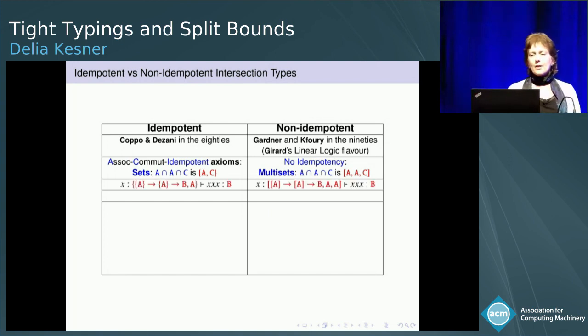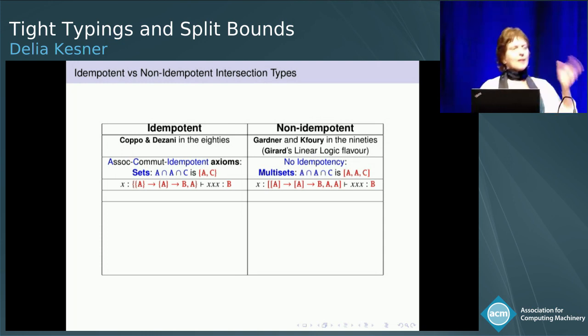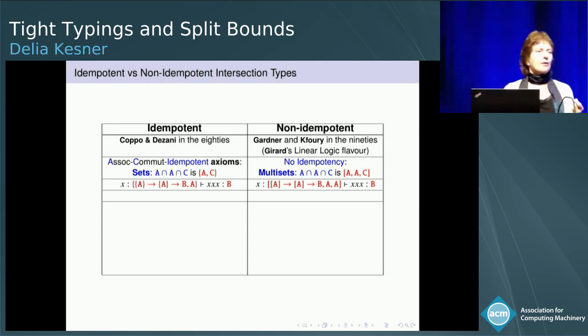This is an example which is x applied to x applied to x. In the idempotent world, you will need one type to type the x which is acting as a function on the left-hand side, and just one type will be sufficient to type the two arguments x, the one in the middle and the one on the right-hand side.